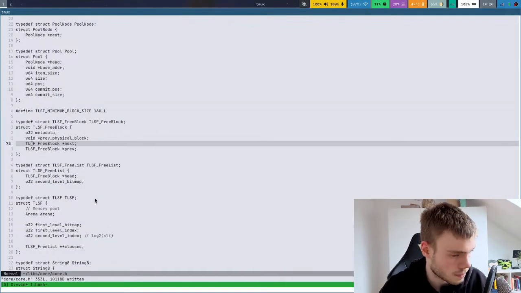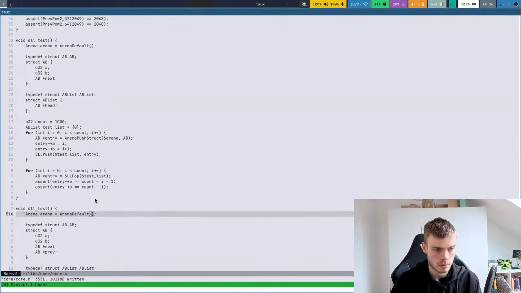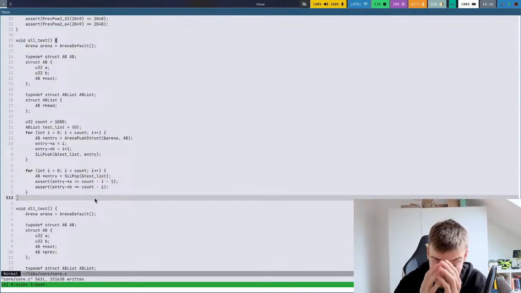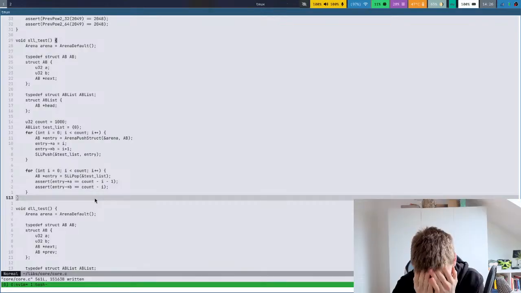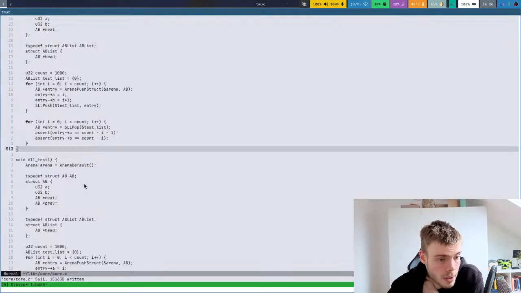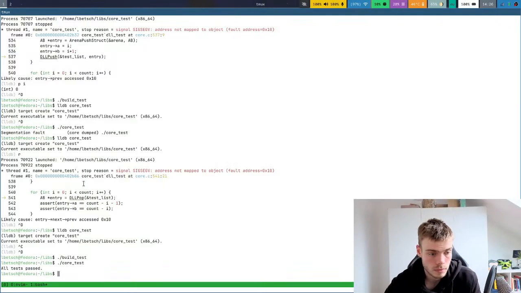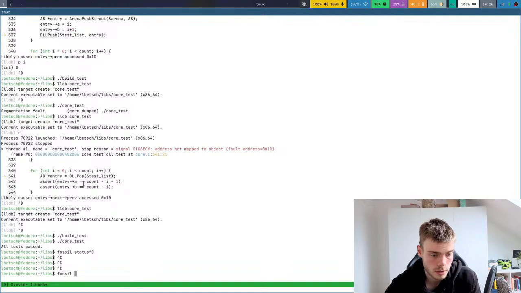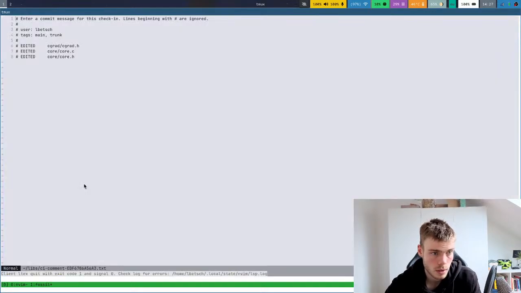Okay, let's see. We can also delete stuff in the middle, which we can't right now. We just access the head and push onto the head. But okay. Let's do it. Edit. Let's have structure.